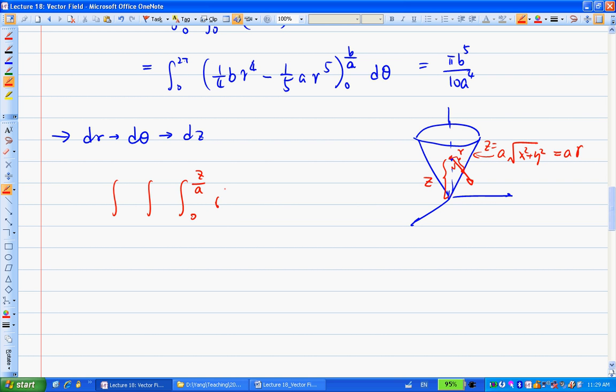Then you have our same integrand as before, R squared, dr first, and d theta, there's another R here. So R dr d theta dz, that's what we're going to do.